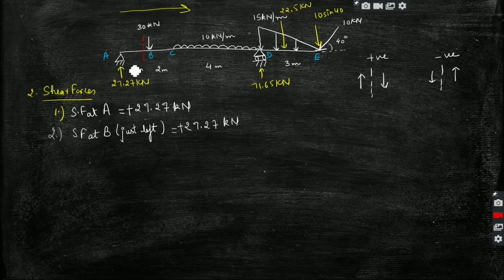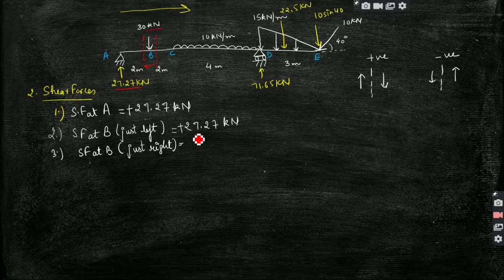But when I'm taking the section just at the right side of point B, now I'm considering this section just at the right of B. Now I look in the left direction of this section, I have one 27.27 force and another 30 kilonewton force which is acting in the downward direction.